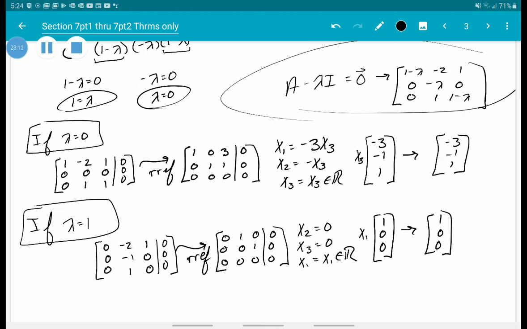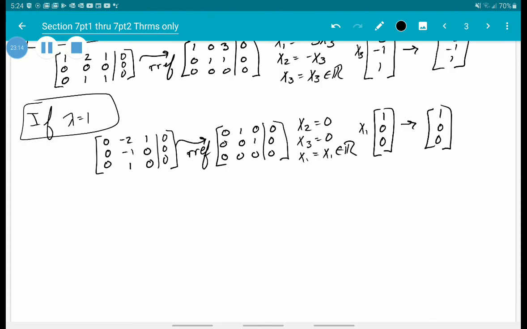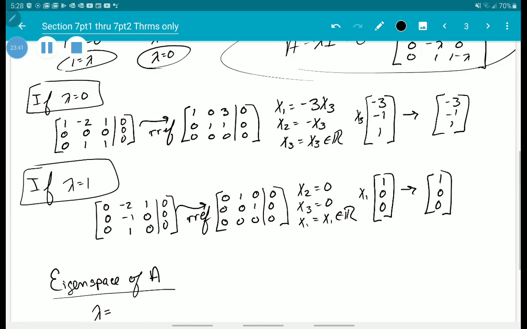Now, if we were talking about the eigenspace, the eigenspace consists of all eigenvectors paired with the 0 vector. So for this one, we had two different eigenvalues.